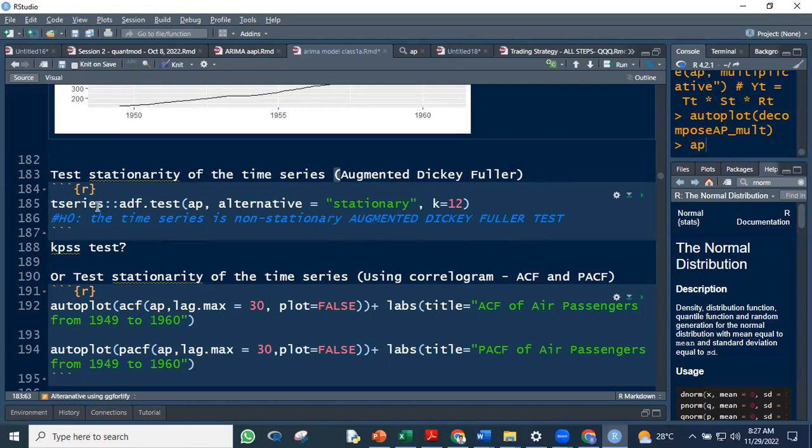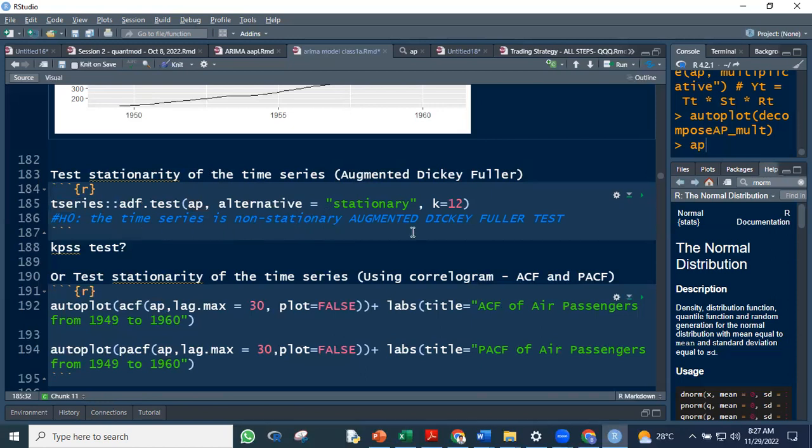This is coming from the tseries package, and the function is adf.test. The data that we're going to test is AP. The alternative hypothesis is that it is stationary, so the null hypothesis is that our data is not stationary.